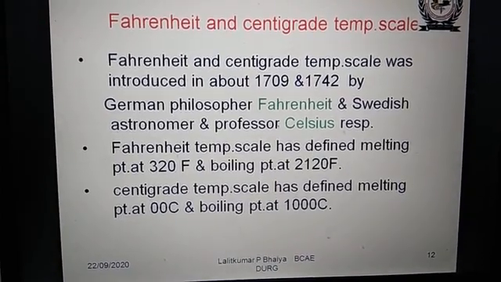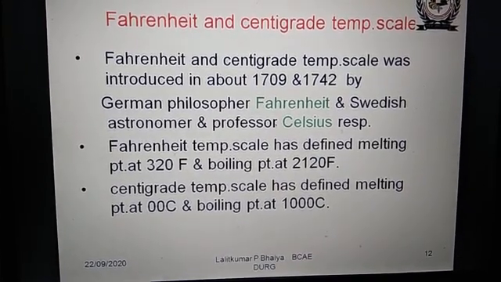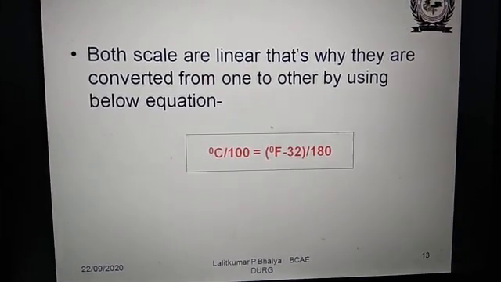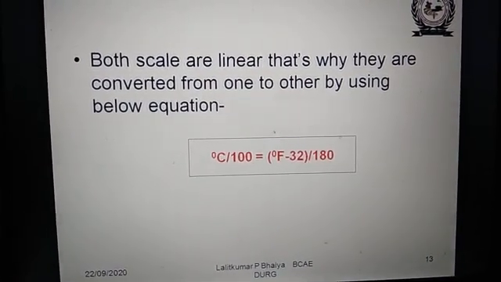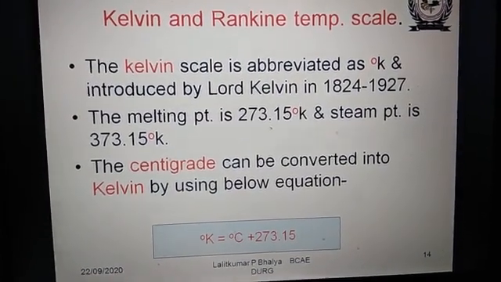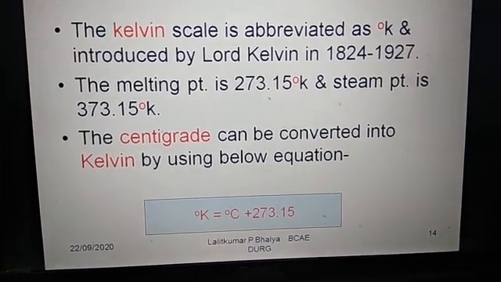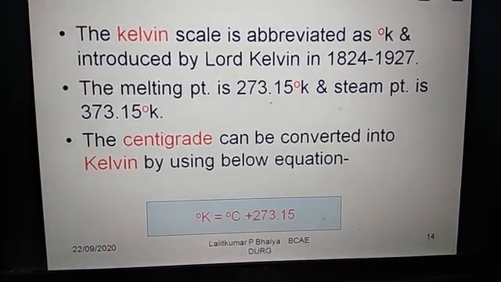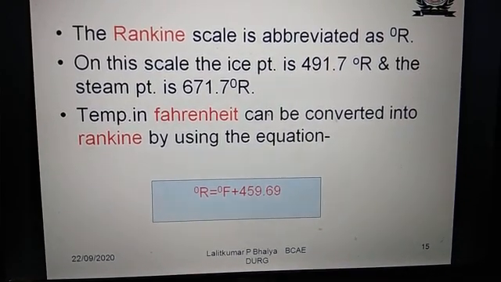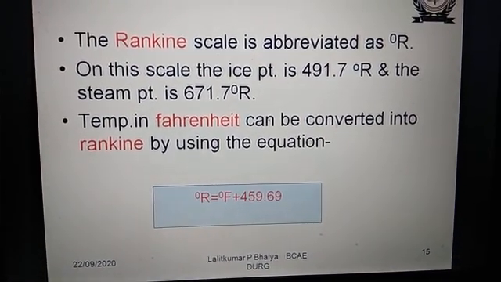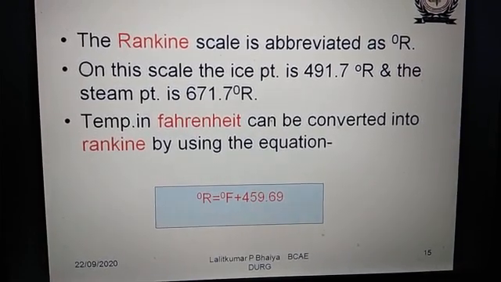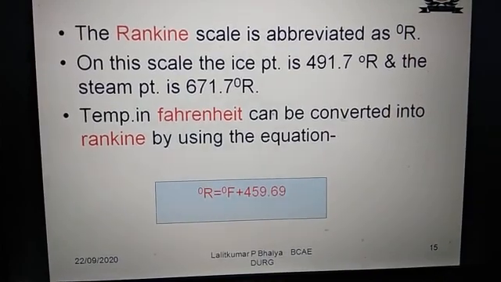This Fahrenheit we have seen, as well as degree centigrade, and conversion from degree centigrade to Fahrenheit or vice versa. Kelvin and Rankine temperature scale, this formula we have seen. Degree Kelvin is equal to degree centigrade plus 273, and this is the Rankine and degree Fahrenheit formula.